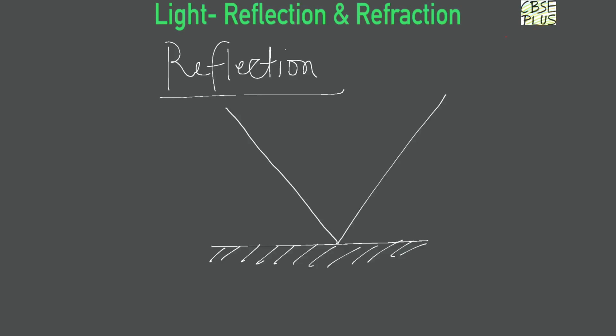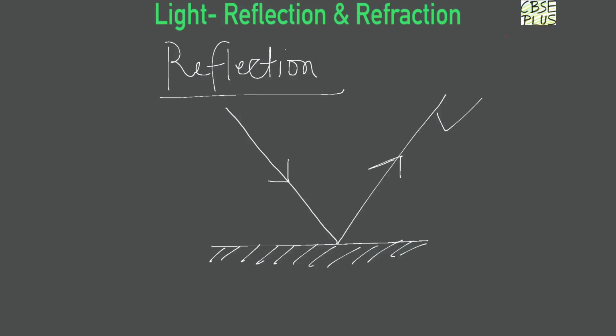So this phenomenon of bouncing back of light is in the same medium from which the light is coming. So the incident and the reflected ray are in the same medium. Incident ray is that ray which strikes on the surface, and the bounced back ray or the reflected ray is the one which goes back.